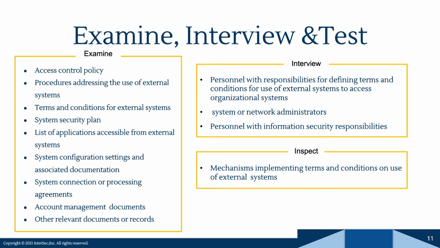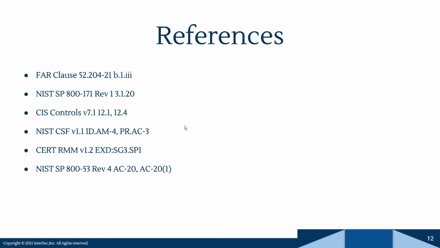And for testing, they could look at the mechanisms implementing terms and conditions on use of external systems. Here are all the relevant references for the AC.1.003 practice. An example of one that you could map is the CIS Controls version 7.1, specifically 12.1 and 12.4.